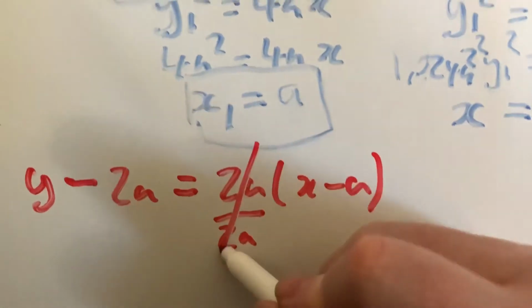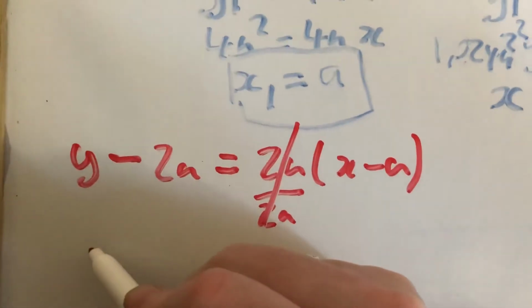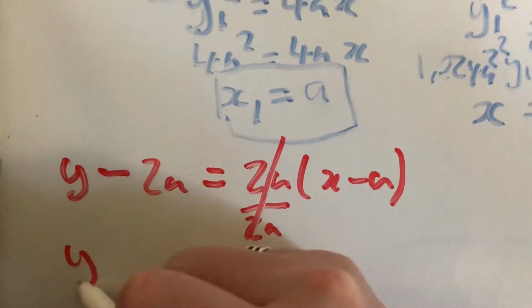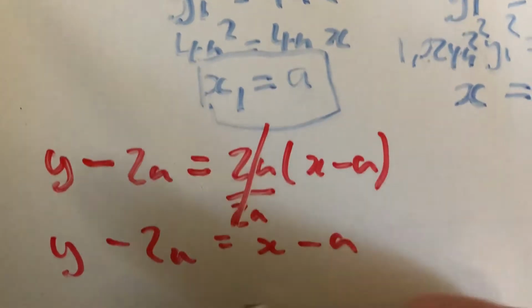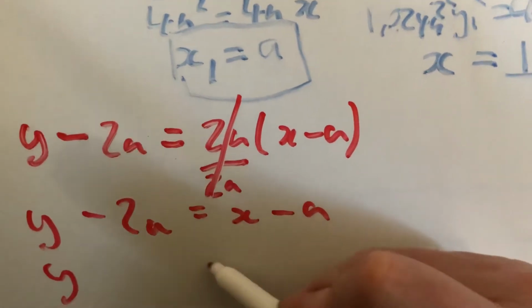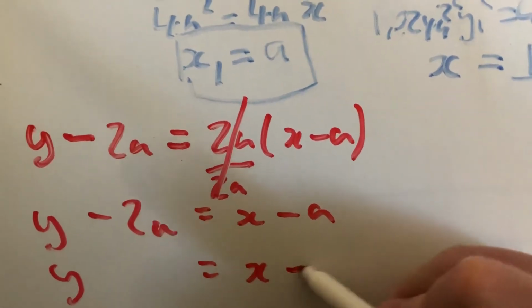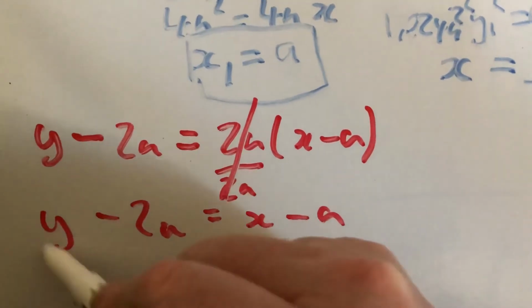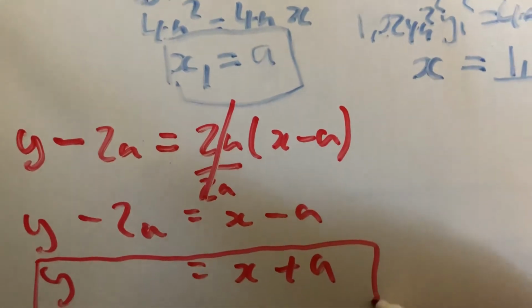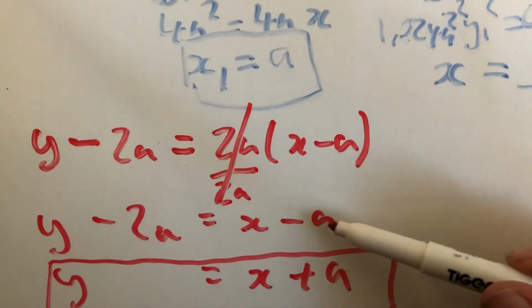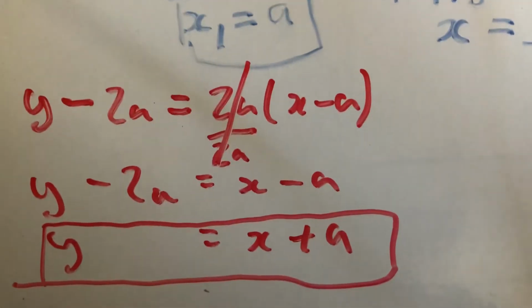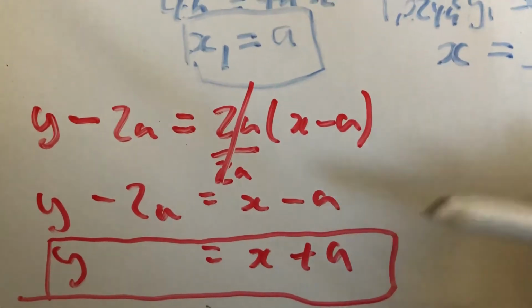It doesn't take much to work out that that is going to come to y minus 2a equals x minus a, or y is equal to x plus a, as you add 2a to both sides, putting y on the left hand side, and adding 2a to minus a gives us a. So that is the equation of the first tangent.